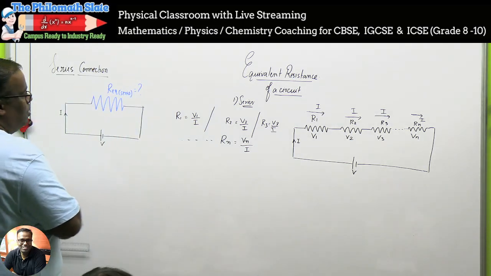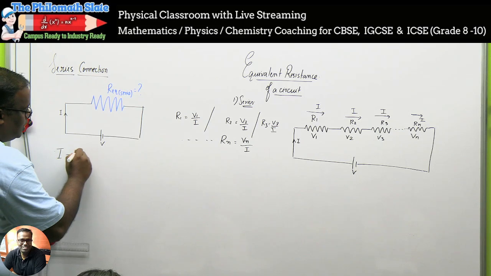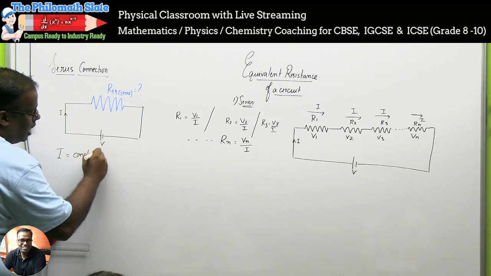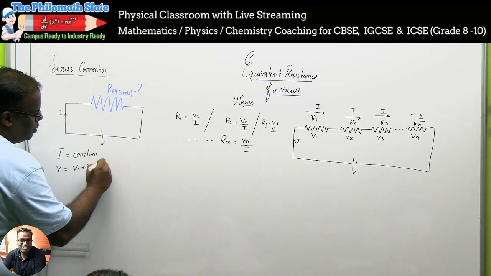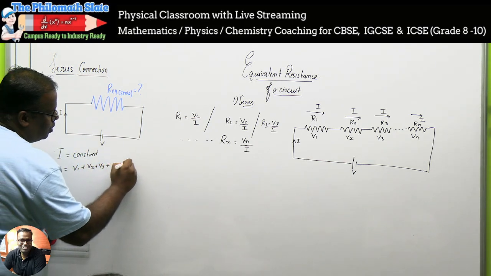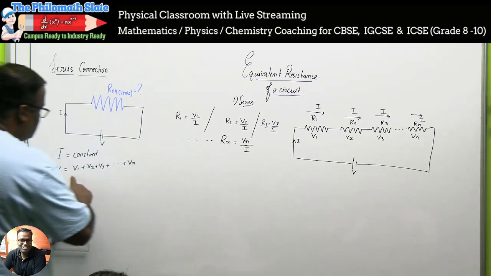Acha. Before we started it, we said that in series, the current is always constant and the voltage gets distributed. How did it get distributed? V1 plus V2 plus V3 plus ... Vn. Agreed or not? ठीक है? चलिए, अब ये एक्सप्रेशन से आगे बढ़ते हैं.